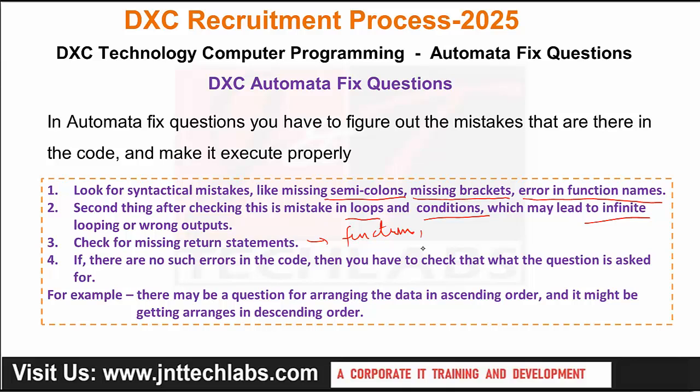And if there are no such errors in the code, then you have to check what the question is asking for. They may ask for something simple. For example, I want to print 1, 2, 3, 4, but in a single line. Usually in Java and C++, we print on the next line.